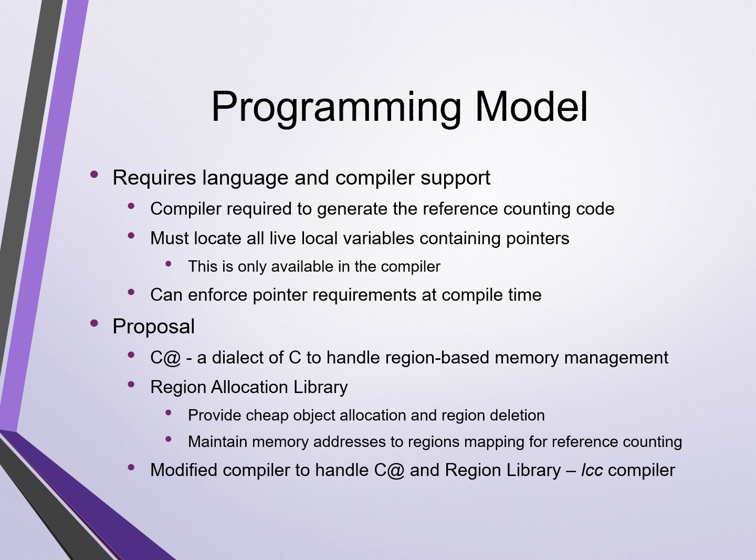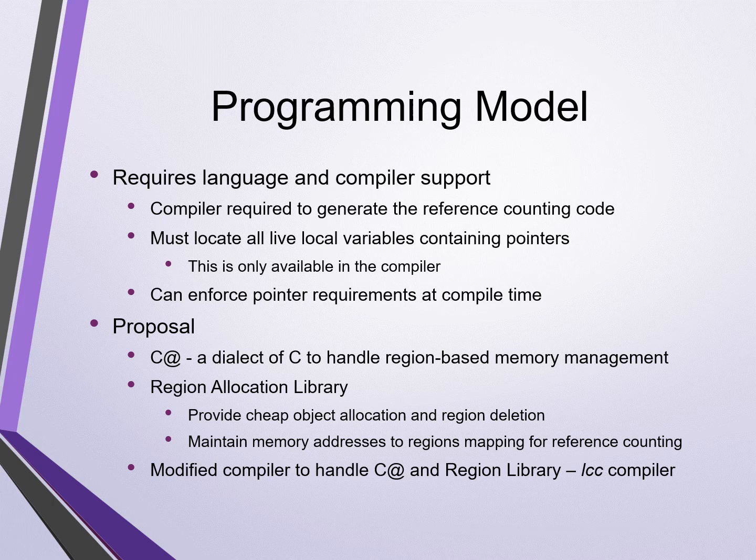For their paper, Gay and Aiken implemented the prototype safe region-based memory management system, C@, as an extension of C. This allowed them to compare existing allocation-intensive programs modified to use regions. Their prototype also requires language and compiler support for 2 reasons.